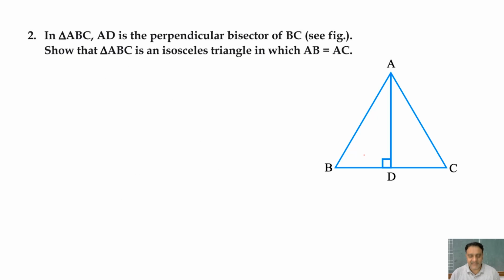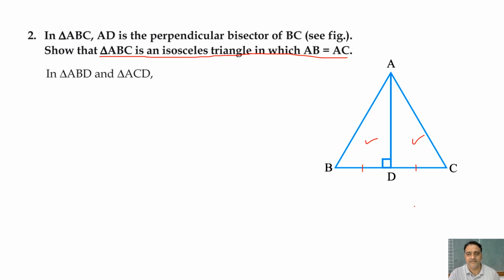Okay. So we'll see one more question. In triangle ABC, AD is the perpendicular bisector of BC. Show that triangle ABC is an isosceles triangle in which AB is equal to AC. So we'll start with proving these two triangles congruent. BD is equal to CD. Why?